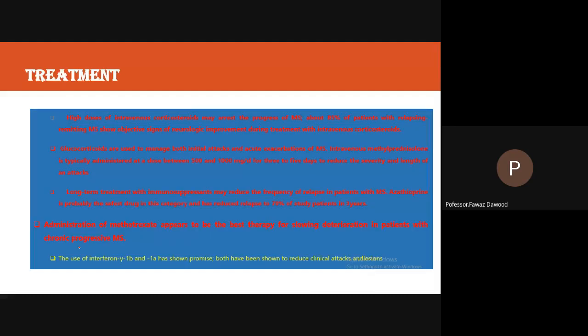Usually the problem is that it is not completely curable, because these types of patients are taking immunosuppressive medication.